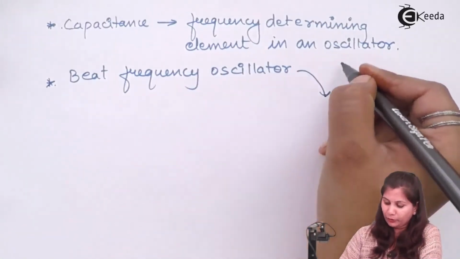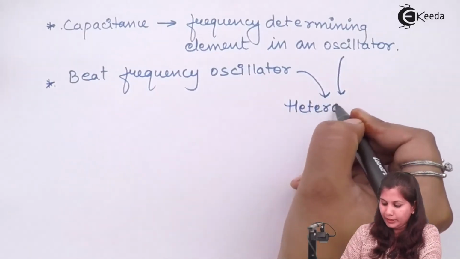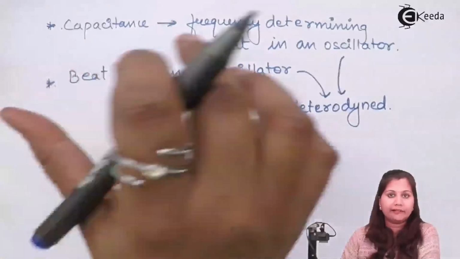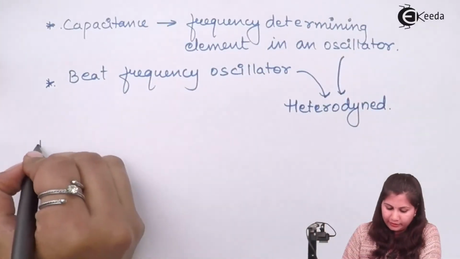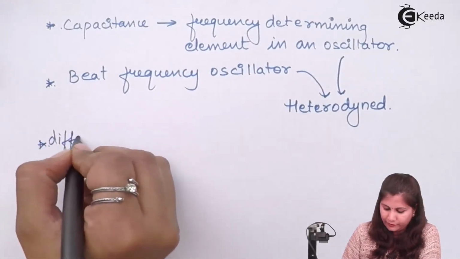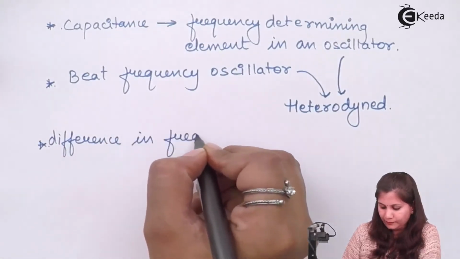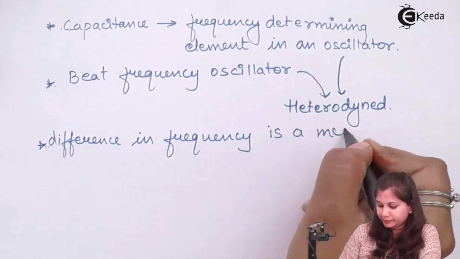So both these frequencies are heterodyned. Heterodyne means that we will calculate the difference between these two frequencies, and this difference in frequency is a measure of the relative humidity.